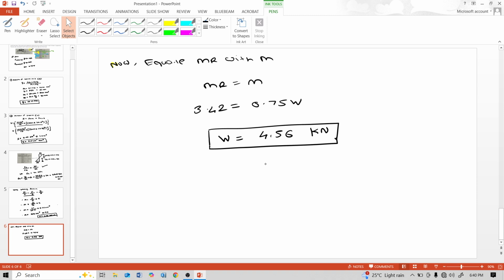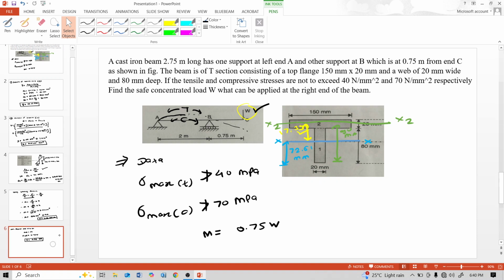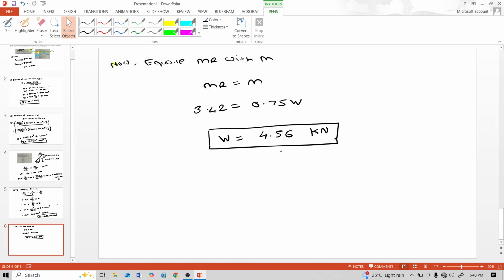For equilibrium, equate the moment of resistance with the moment, we get W, the concentrated load at point C, which is 4.56 kilonewton. Thank you very much.